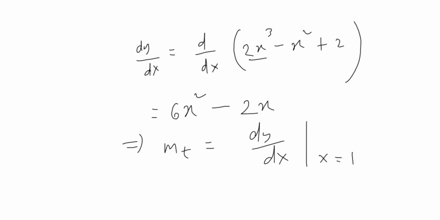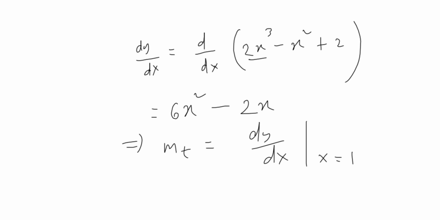Okay. So now this implies that mt is equal to our derivative, which we saw is 6x squared minus 2x. We evaluate this at x is equal to 1, which is the x coordinate of our given point. So we go ahead and substitute.